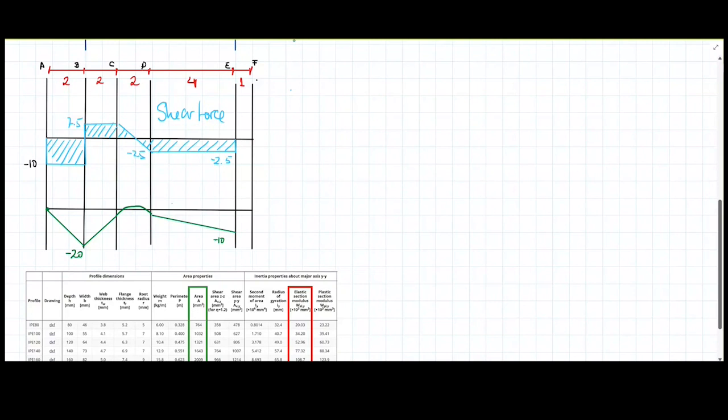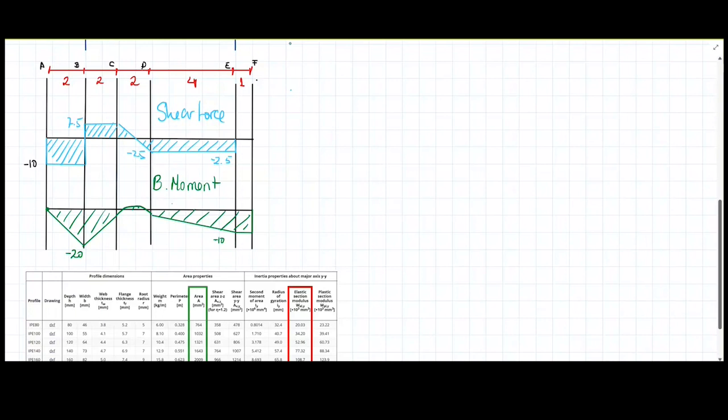And there is nothing else applied in here up to here, where I have the applied moment at the end, which is 10, and then it cancels out with this one. And this is going to be the shape of this bending moment diagram. Right.